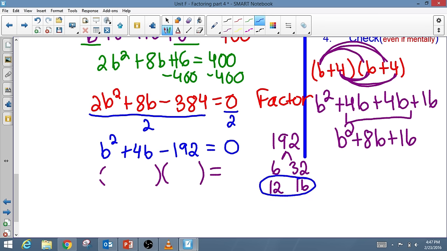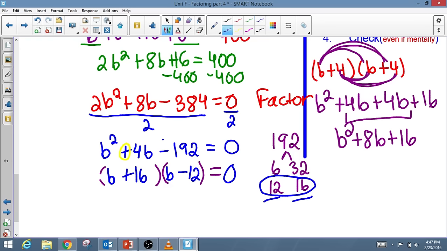So to bring this down, I bring the b and the b. One is going to be positive and one is going to be negative. And I need to use 12 and 16. Since I need to combine those to get a positive 4, the 16, the larger number, is going to be positive, and the 12 needs to be negative.